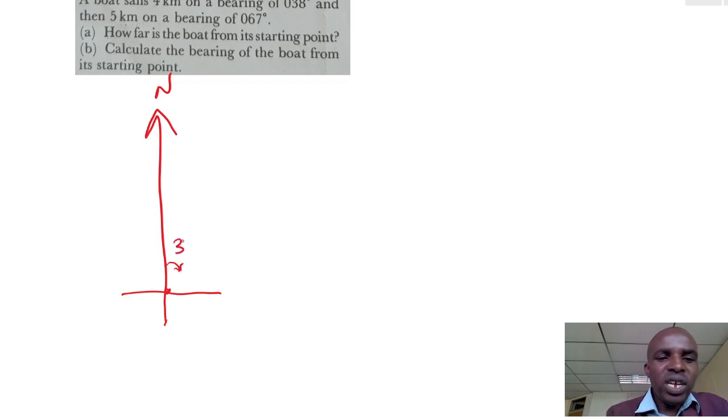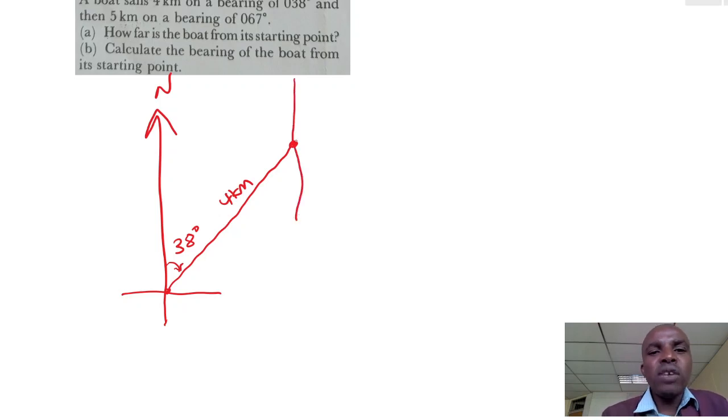So you can put this one is 38 degrees. This is the boat. Then the distance is 4 kilometers. Then it's now here. I said "and then", so it means after having sailed for this distance of 4 kilometers, it then changed the direction to 67 degrees. I have to draw my north. So you always have to draw your new north on this line, if there's a change in direction.